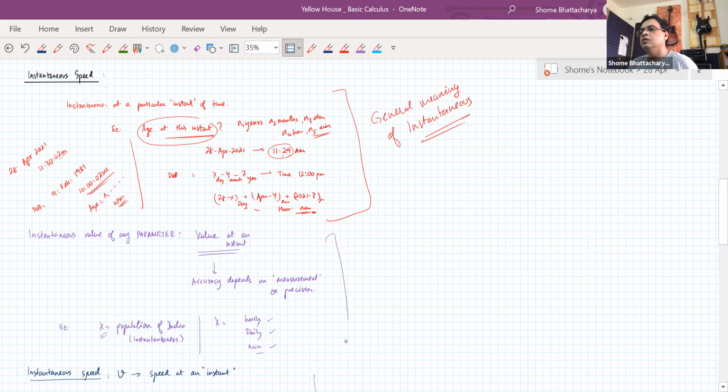In this case, we are discussing the instantaneous value of any parameter. The example we have taken is population. The example we have taken over here was instantaneous age.